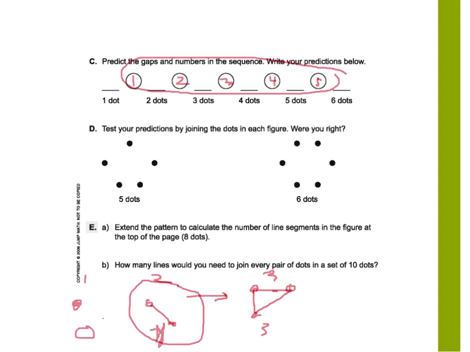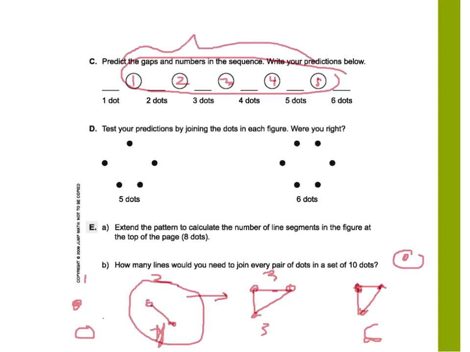There's 0 lines there. And when you go to 4 dots, you're taking the 3 lines that you had, and now you're adding 1 more dot and joining it to all of those. So it's going to be 3 plus 3, which gives you 6. You can see why when you add the new dot, you're always increasing by the number of dots you had in the previous situation. And that accounts for this pattern, the increasing gap here.